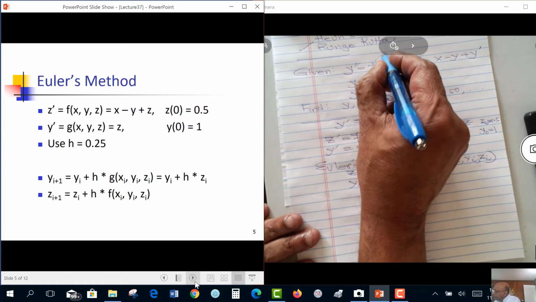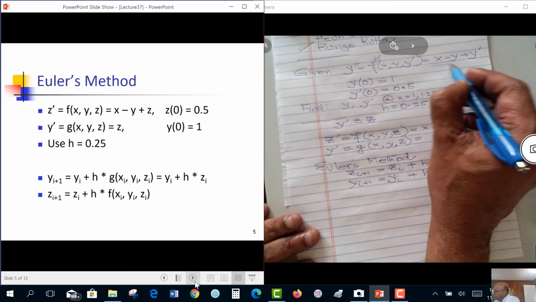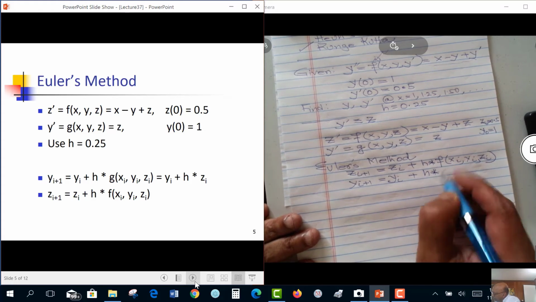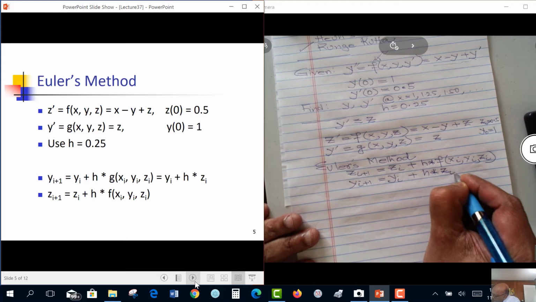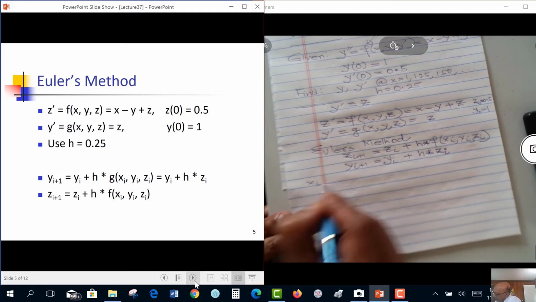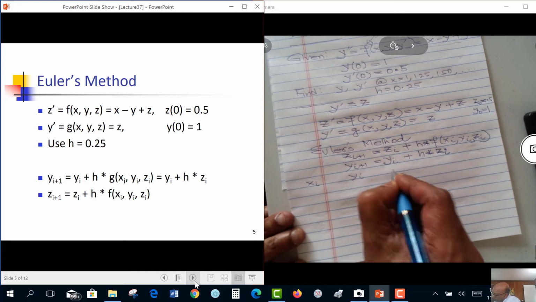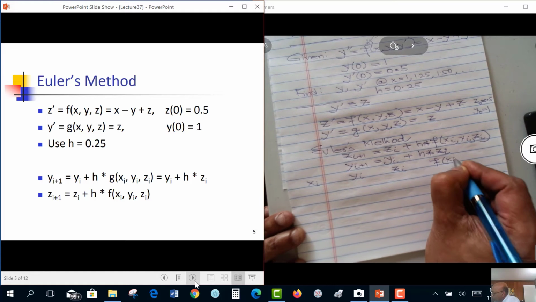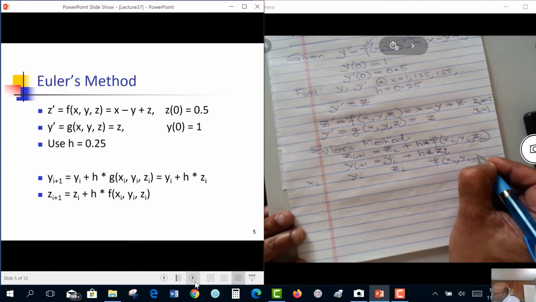This needed to be given to us, right? Which is this one. But this function we know is just z, so we'll just write z i. Okay, let's make a table. So we have x i, y i, z i, and we'll compute the function at x i, y i, z i.